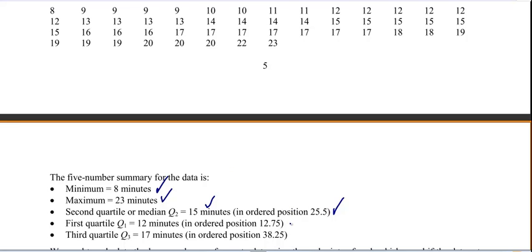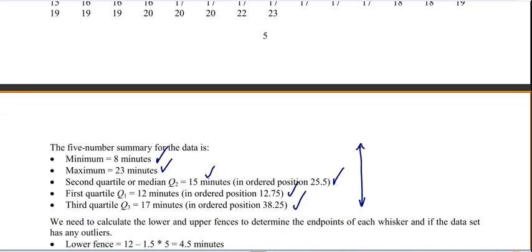Q1 is in position 12.75, it's 12 minutes, and Q3 is in position 38.25, and it's 17 minutes. If you need to review how these values were obtained, they were in previous videos that contain the by-hand calculations for the 5-number summary.